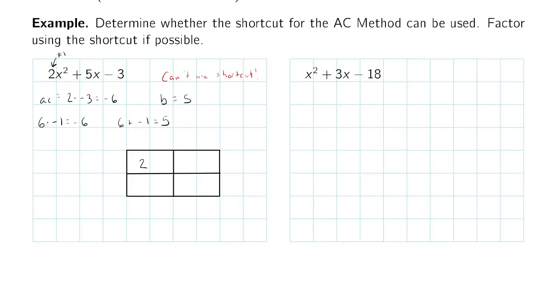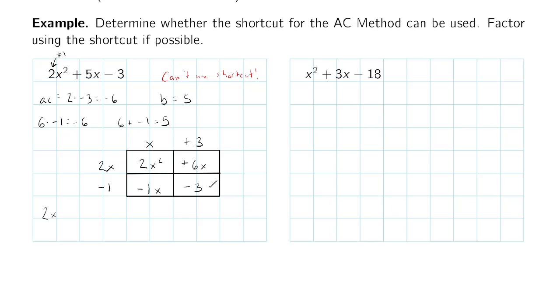So our first and last terms are 2x squared and negative 3. Our middle term splits up as positive 6x minus 1x. In the first row, my greatest common factor is 2x. And then I need another x in the first column, a positive 3 in the second column, and a negative 1 in the second row. Negative 1 times 3 is negative 3.